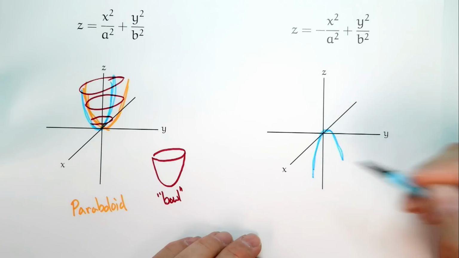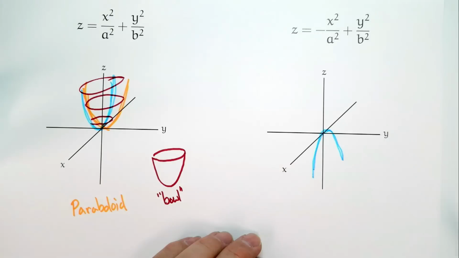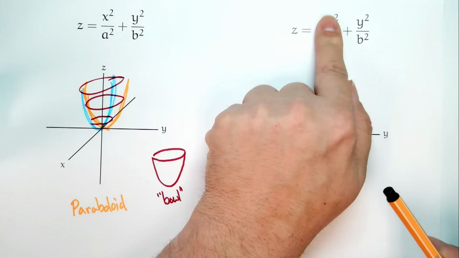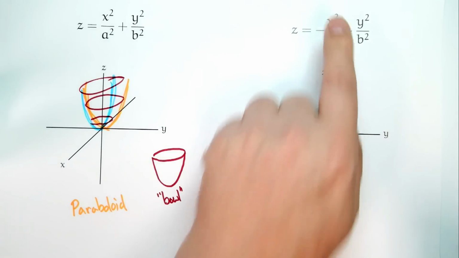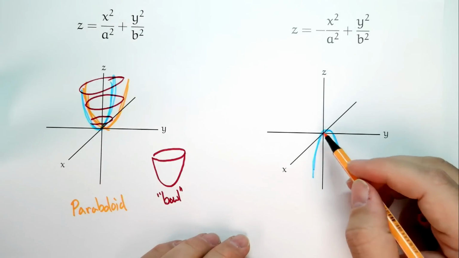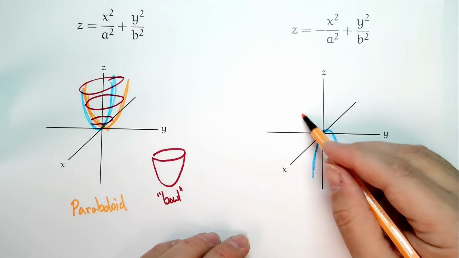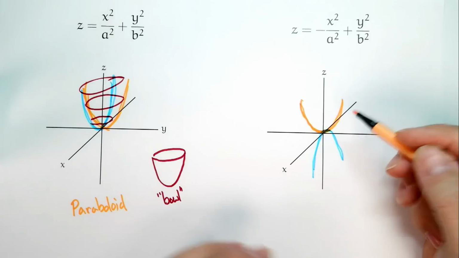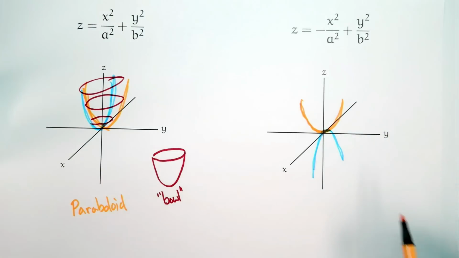So I have a downward facing parabola. However, in the yz plane, in other words, I covered the x up, so that's the different slice, I'm going to see a parabola that opens up. And you have to remember that these are actually at 45-degree angles to each other.